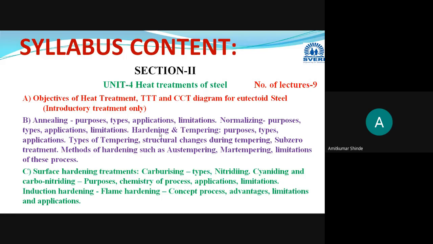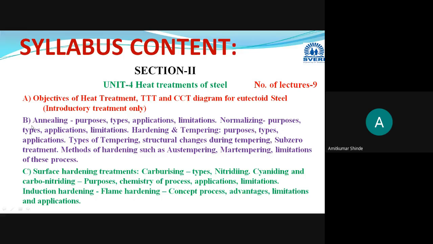We will learn why these processes are conducted, that is, the purpose of conducting each process, then how the process is conducted, the procedure, then the different types, and their different applications and limitations for each process, like annealing, normalizing, hardening, tempering.